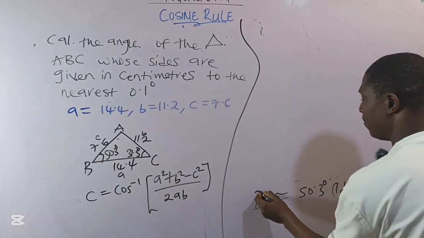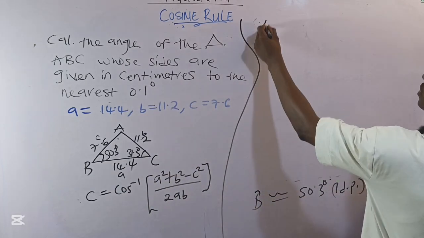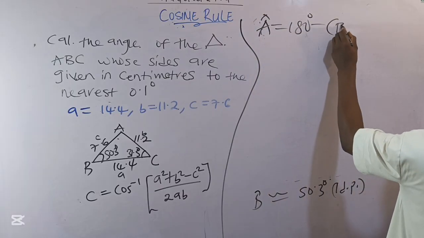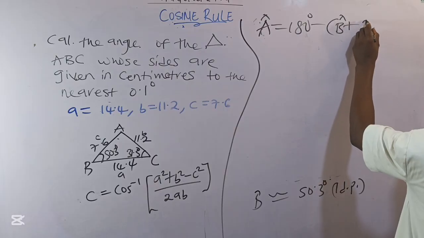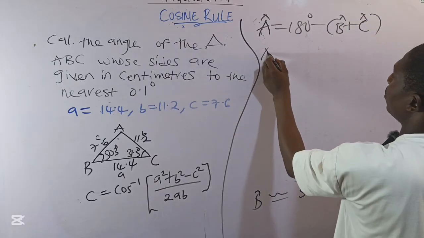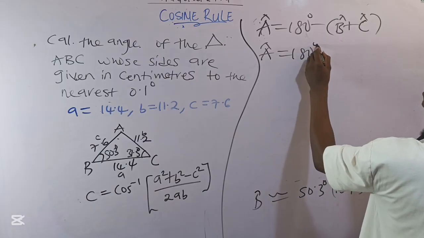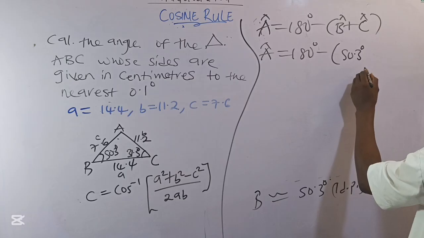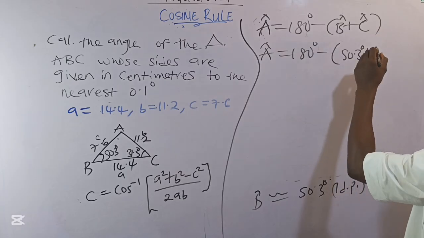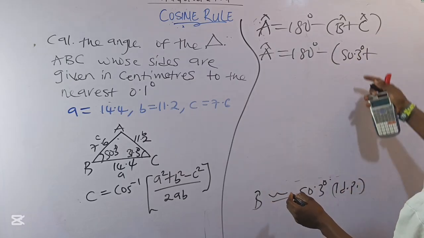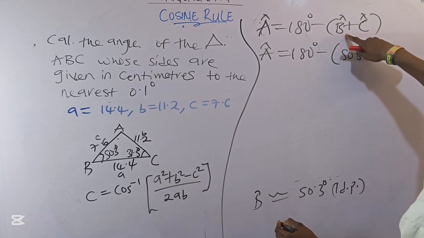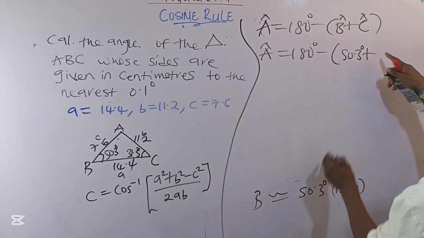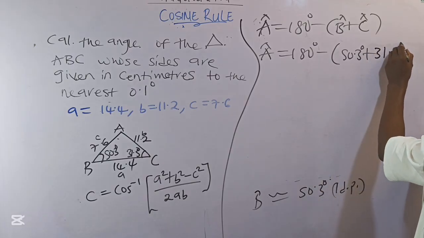So this is my B. I can simply get my A as angle A is equal to 180 degree minus the sum of angle B plus angle C. Since B and C have already been known, angle A will be equal to 180 degree minus angle B, which is 50.3 degree, plus angle C. I'm looking for A. So 50.3 degree for B, and my angle C is 31.5 degree.